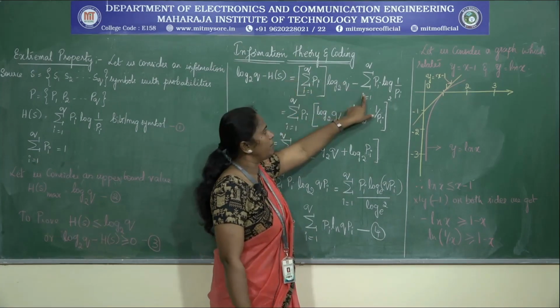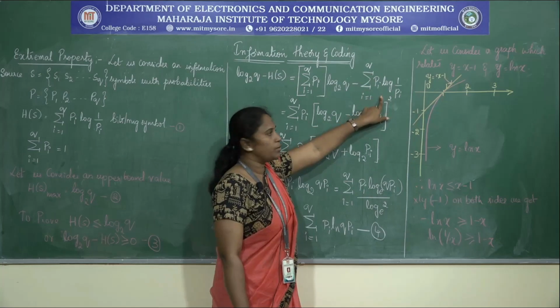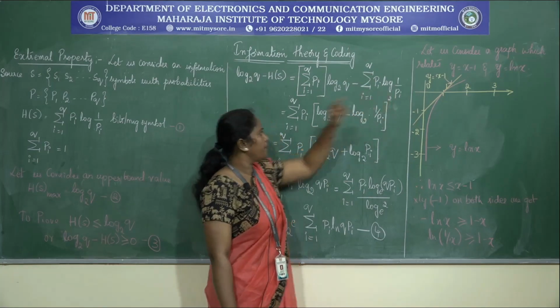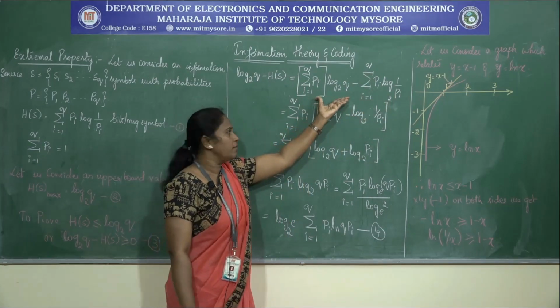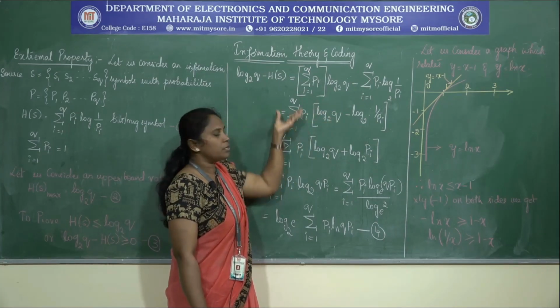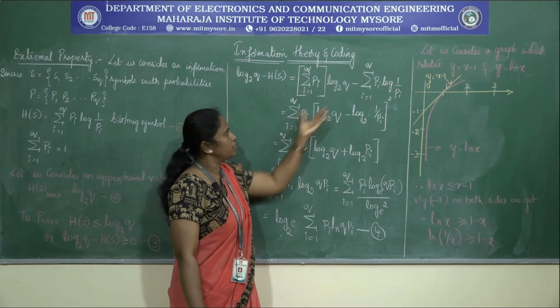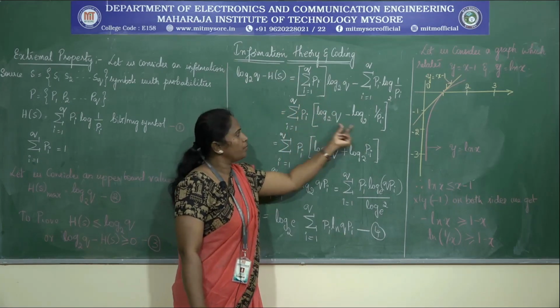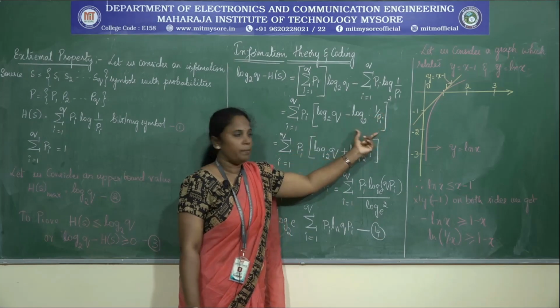H of S is given by summation of i equal to 1 to Q of Pi log of 1 by Pi. Now in this equation we have taken the summation of i equal to 1 to Q of Pi common, so your equation will be log Q minus log base 2 of 1 by Pi.